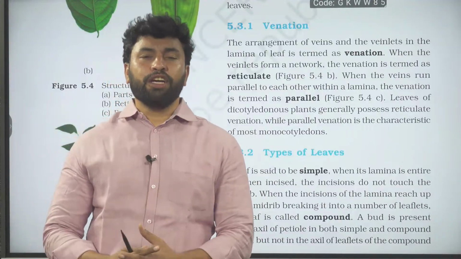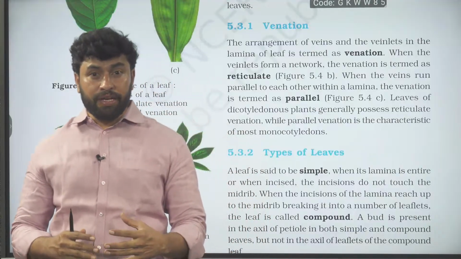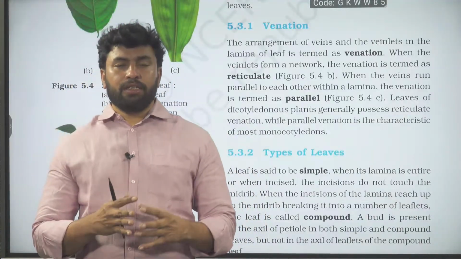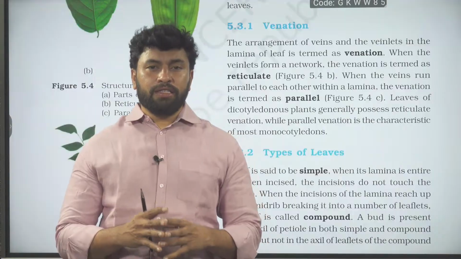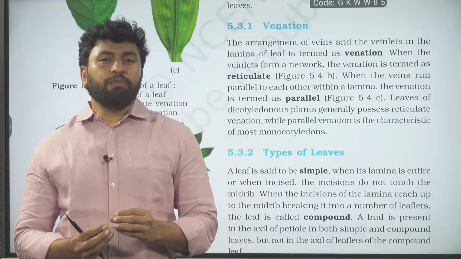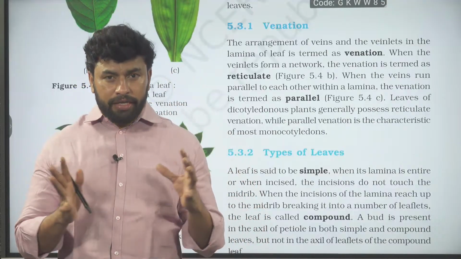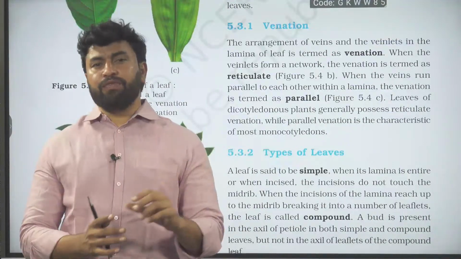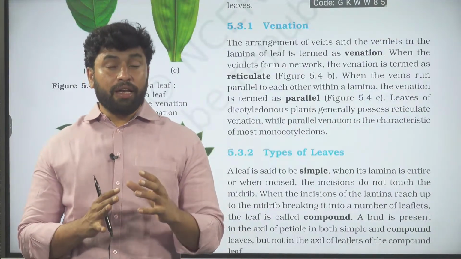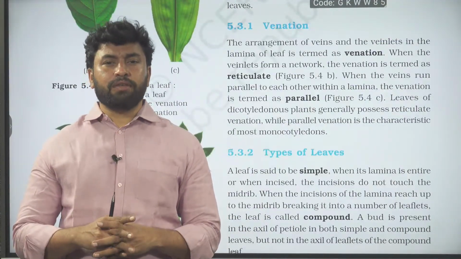At that time, they don't have a process called venation. Imagine there are some plants whose leaf petiole gets elongated and expanded into a leaf-like part, I mean a lamina-like part. Generally it does not possess veins.